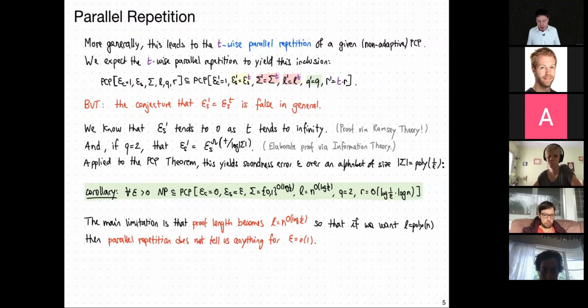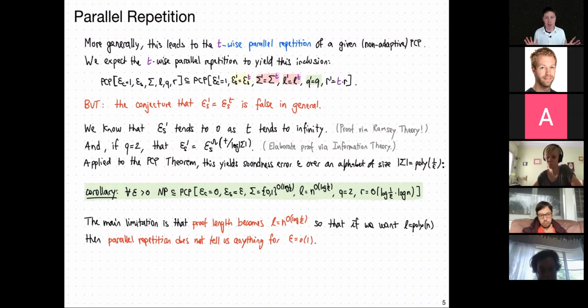The main limitation, however, is that proof length grows with this dependency. And so if we want to keep polynomial proof length, which usually we do for things in NP, parallel repetition doesn't tell us anything for sub-constant soundness error. So if you want, for example, to say, I'm fine with a super constant alphabet size, why can't I expect a sub-constant soundness error?